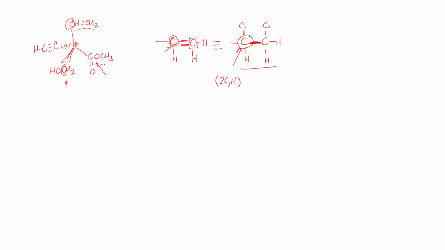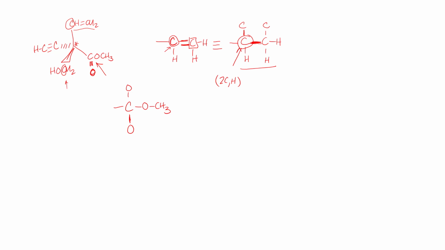For this carbonyl, let's do the same thing. I'm going to write the structure of that out without the carbon-carbon double bond. Now I'm going to replace this carbon-carbon double bond with 2 carbon-carbon single bonds. So here's the first one, and here's the second one. Then I have to look at the other atom involved in the multiple bond, in this case the oxygen.